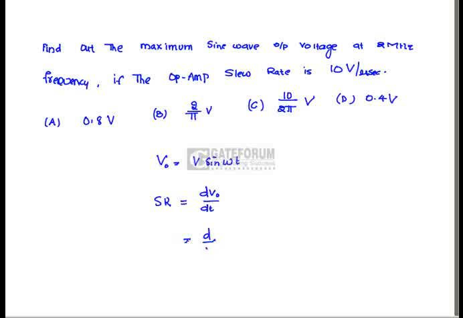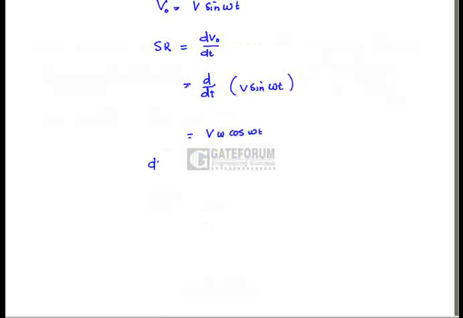From this, d by dt of V sin omega t is V omega cos omega t. So dV0 by dt max equals V omega, whose value equals 10 volts per microsecond.